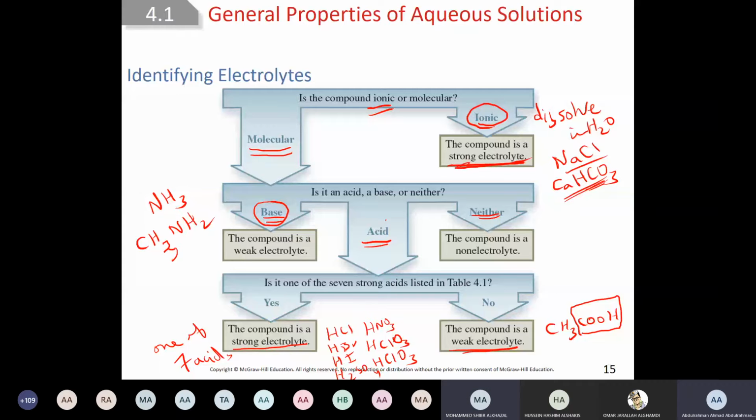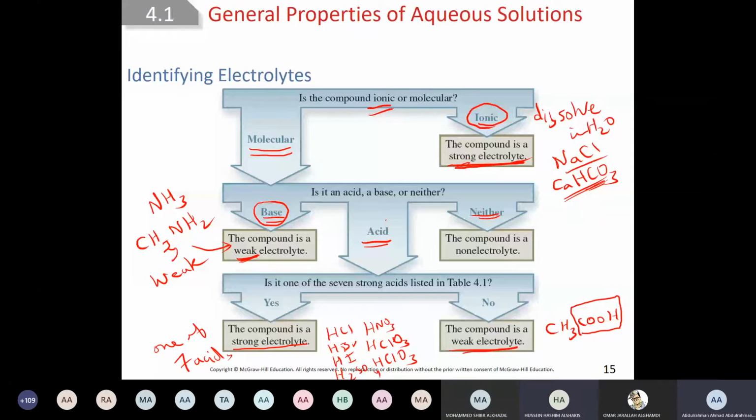These are considered to be weak bases. Okay, are they going to conduct electricity? Yes, but they conduct weakly, which are weak electrolytes.